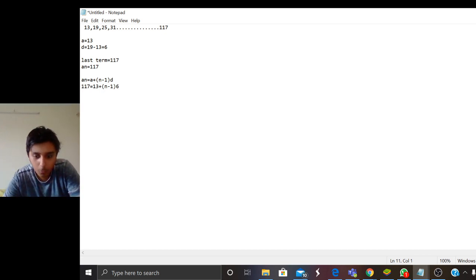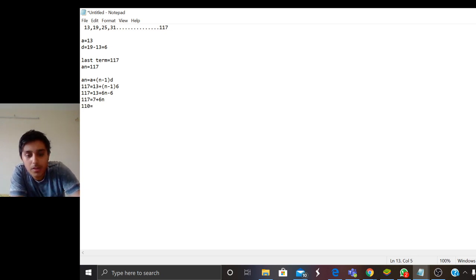Let's solve it. 117 will be equal to 13 plus 6 multiplied by n minus 1, which will give you 6n minus 6. Now solve it. 117 equals 13 minus 6, which is 7, plus 6n. That's right. Now take the constants to the LHS and the variable to the RHS. 117 minus 7 would give you 110, which is equal to 6n.